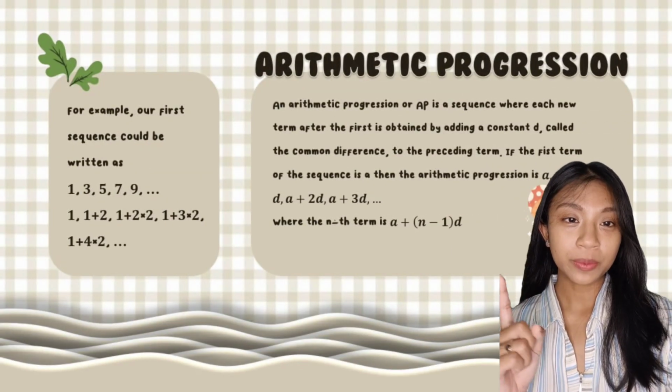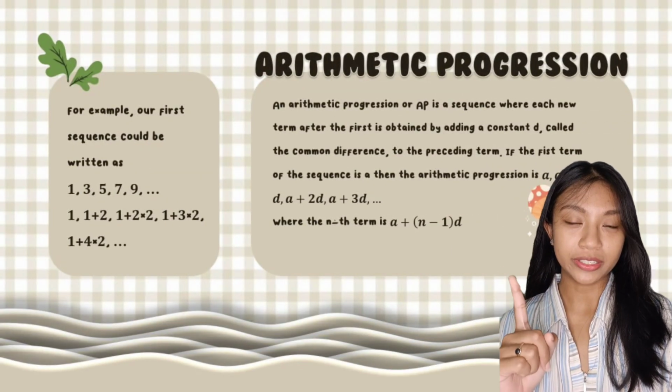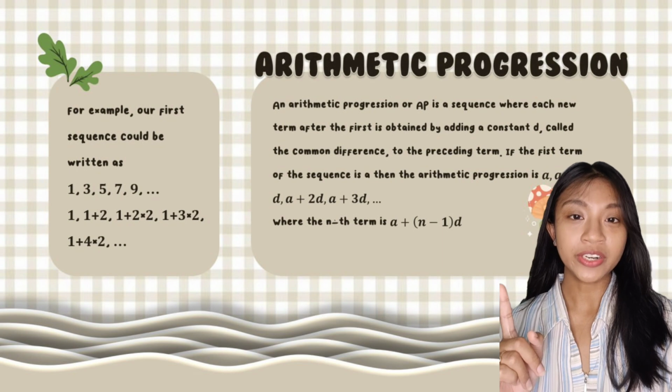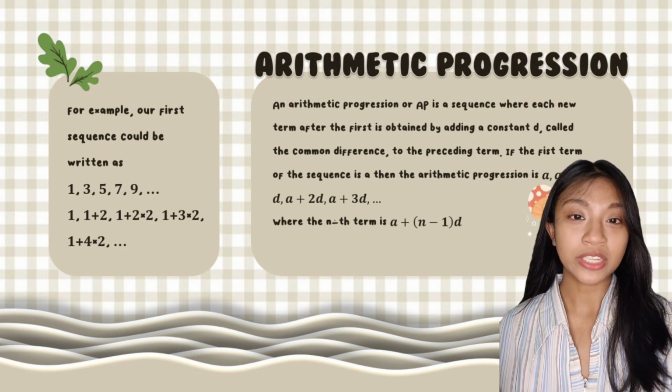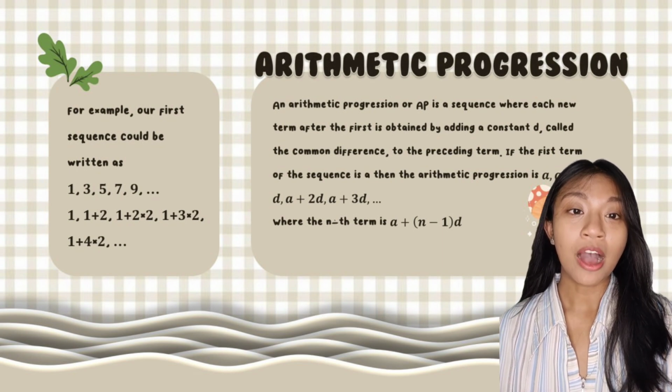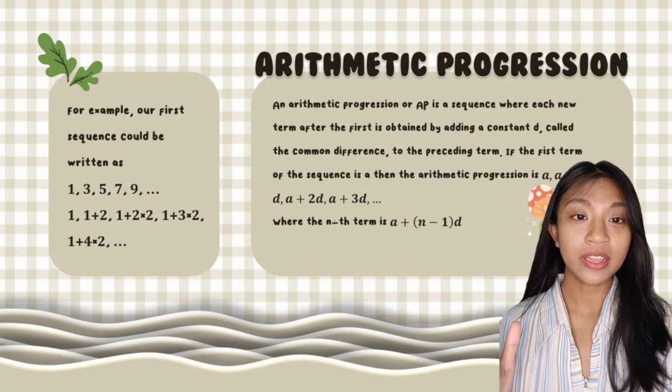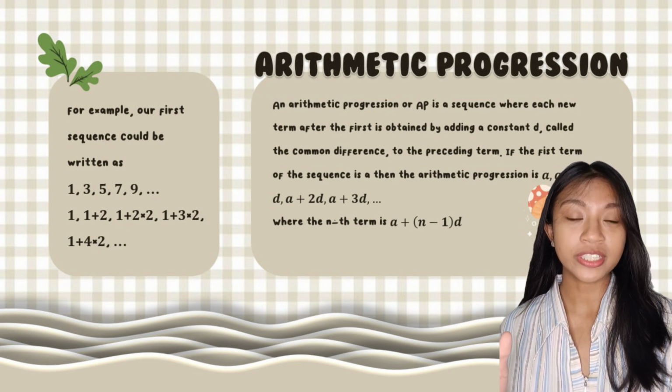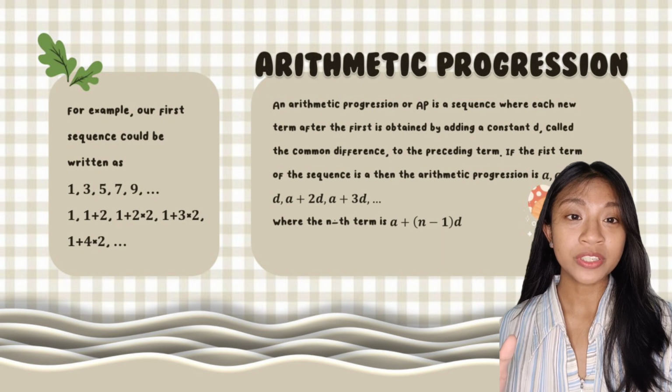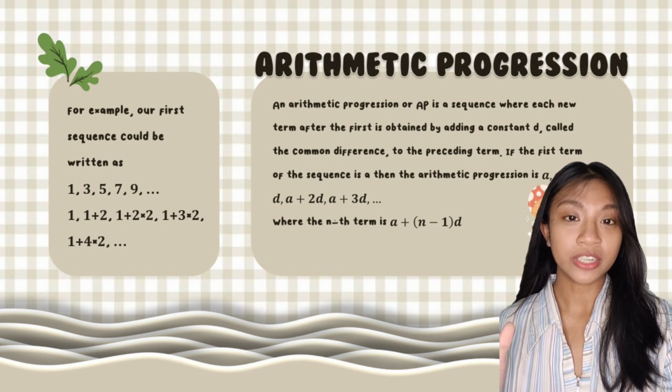First, I will explain about arithmetic progression. An arithmetic progression, or AP, is a sequence where each new term after the first is obtained by adding a constant d, called the common difference, to the preceding term.